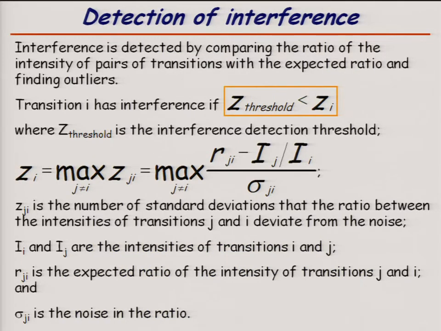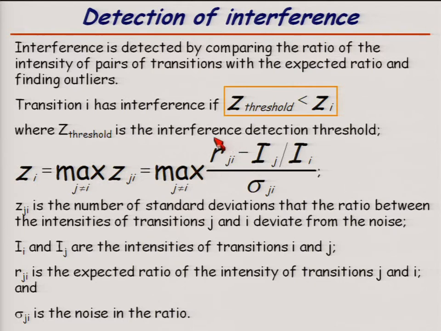So what we do is detect outliers in the ratios of transitions. We calculate a z-value for each transition, and if that is larger than a threshold, then we say that we have interference. The z-value for a transition i is calculated by taking the maximum of all the z-values, where we compare transition i to each other transition j.